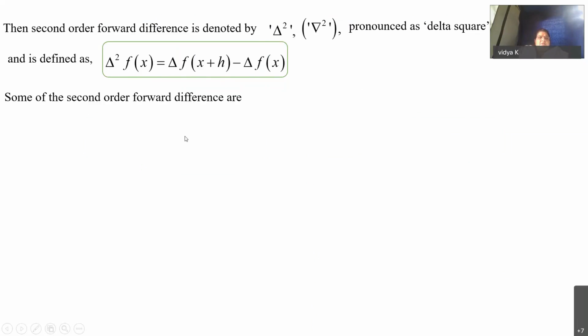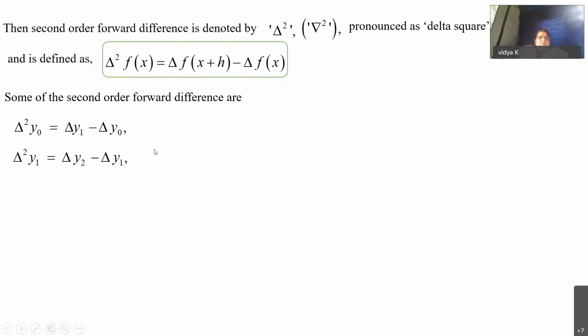Some of the second order forward differences are delta square y naught. What is delta square y naught? Delta y naught is y1 minus y naught. You apply delta again on both sides, and you get delta square y naught as delta y1 minus delta y naught.